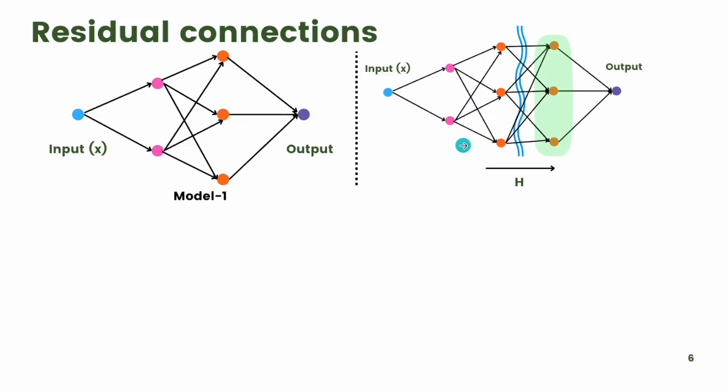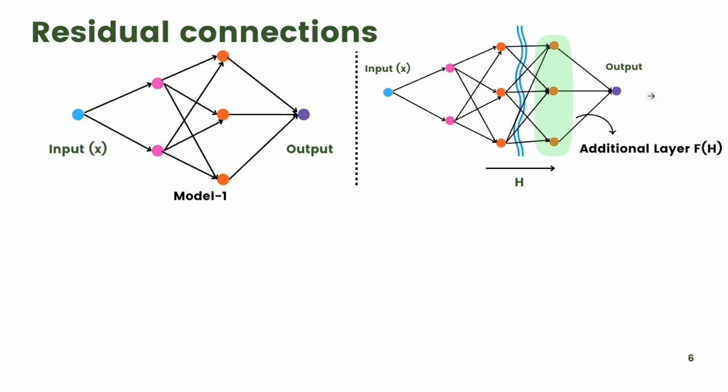So this h would be the same as the output from this left hand side part of model 1. Okay, and then the additional layer is represented with f, and this additional layer then operates on this input coming from the left. This leads us to the output fh, which is then used to compute the output.